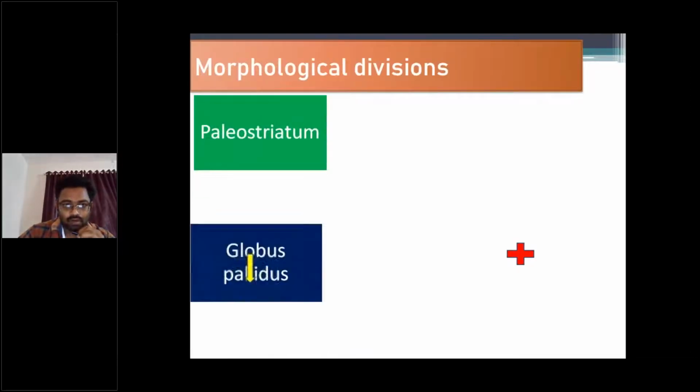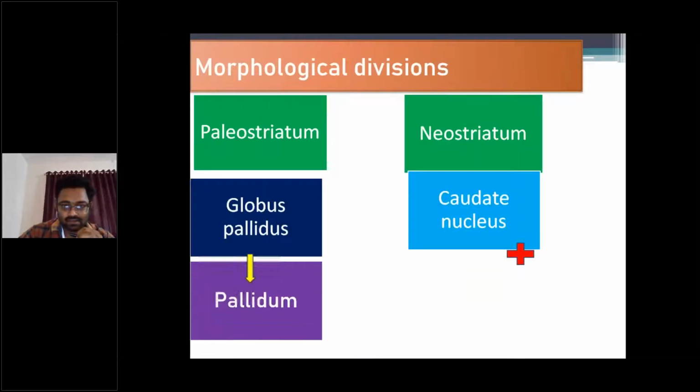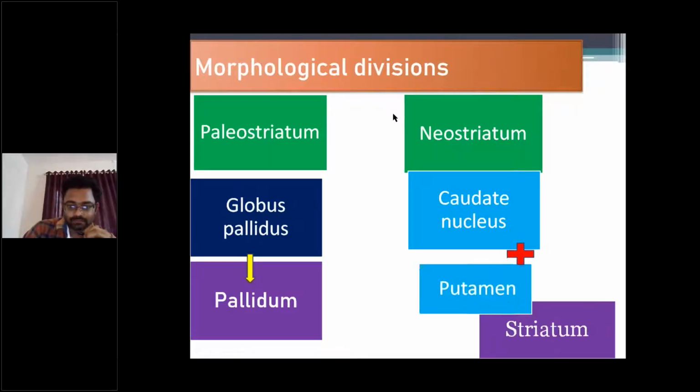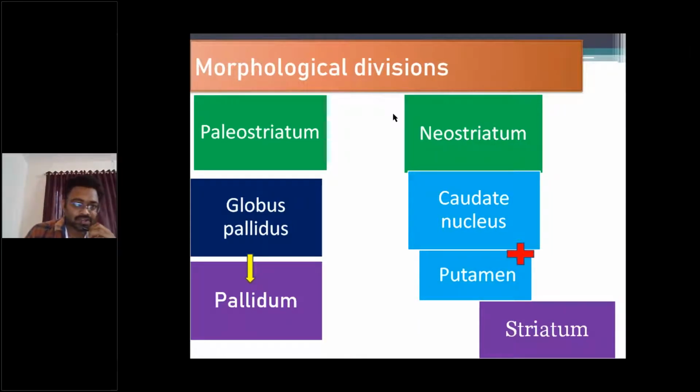Now the morphological divisions of basal ganglia: paleostriatum and neostriatum. Paleostriatum is ancient and older. Globus pallidus is the paleostriatum part, often called pallidum.